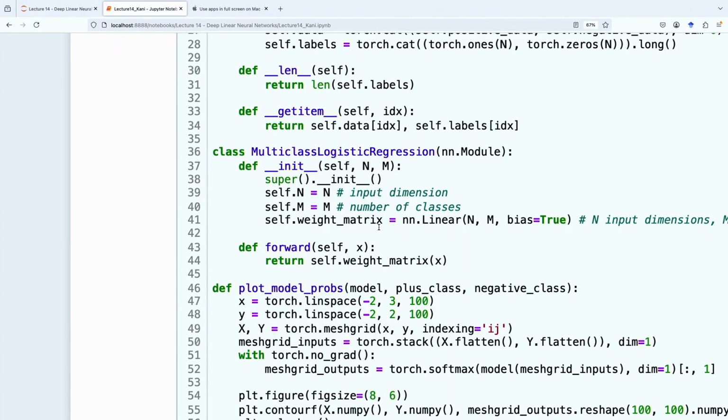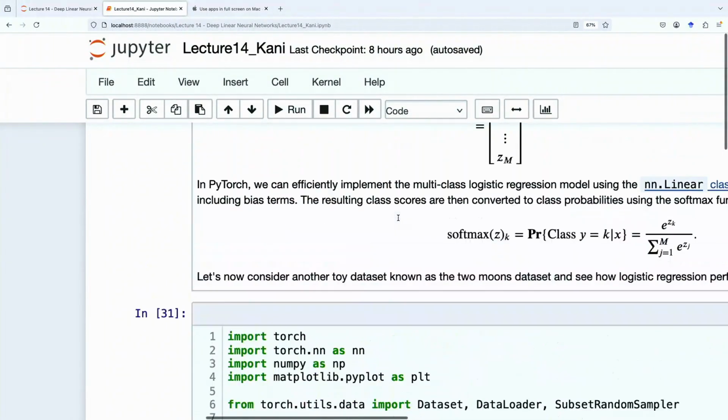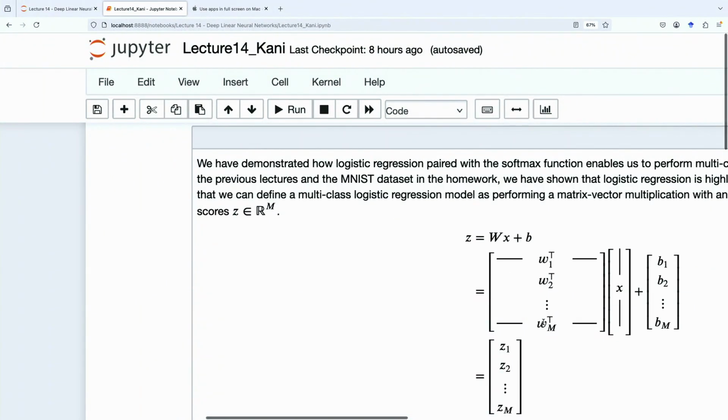Basically, we have an input dimension and we have a number of classes, okay? So the multi-class logistic regression is simply a 2 by 2 matrix in this dimension. And so the important thing to remember is that this weight matrix right here is literally this.